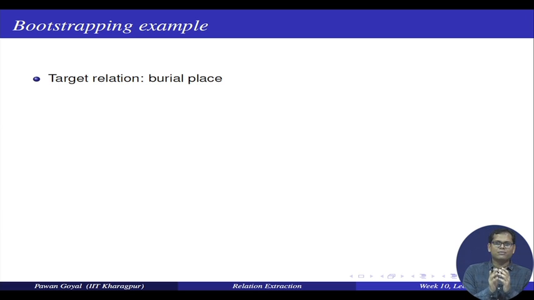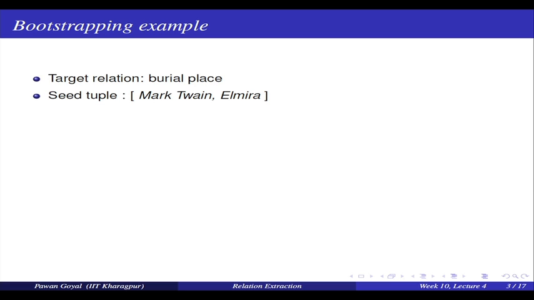Firstly, I need to see if I have some seed instances, that is some entities that are connected by this relation. Suppose I have an instance: Mark Twain, and the burial place is Elmira, New York. So I have this seed tuple. Now how do I start? Remember, what did we need? We need some seed instances and a lot of corpus data.